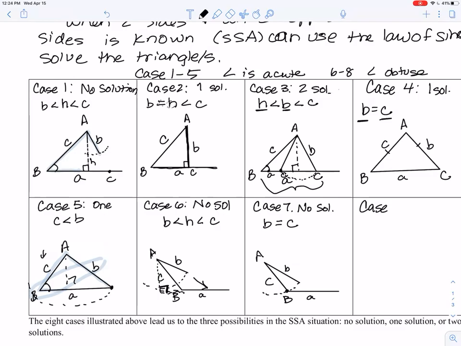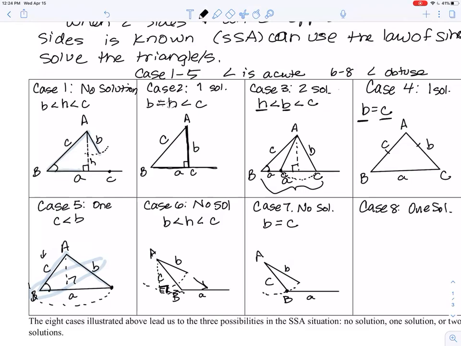Last case, case 8. And this is also a no solution. So if B is greater than C, I believe that this is actually a solution. Let me just think on this for a second. I'm looking at my picture here. Okay, so this is one solution.